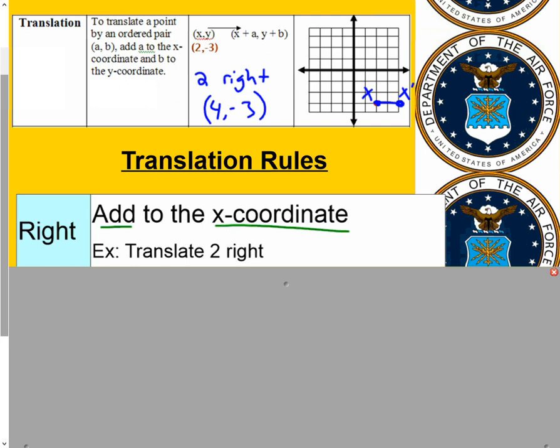Without even graphing it, I would know that. So our example, translate to right, we would go from X, Y to X plus 2, and the Y stays the same. And that's the example that I just did at the top there. Okay? So it became 2 plus 2, which was 4.